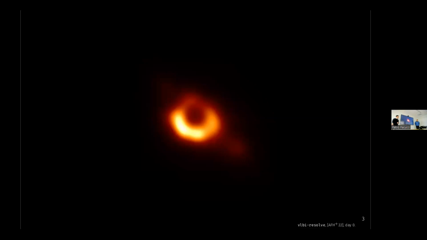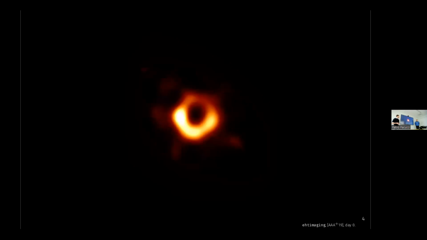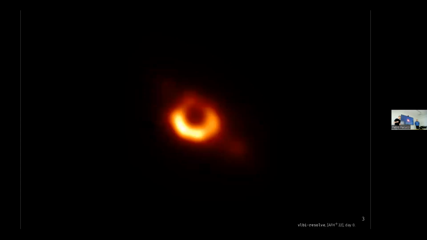This is the image that we got for the first day of the observational cycle. We can compare this to what we got in 2019 from the EHT collaboration. So we compare this to the first day using EHT imaging, and while these images look slightly different, what we found is that they are mostly very consistent.